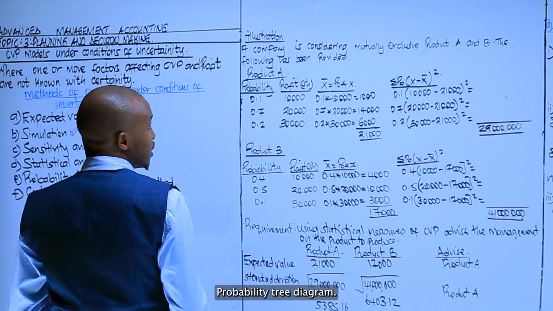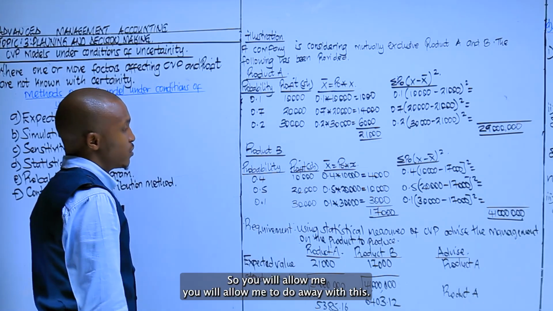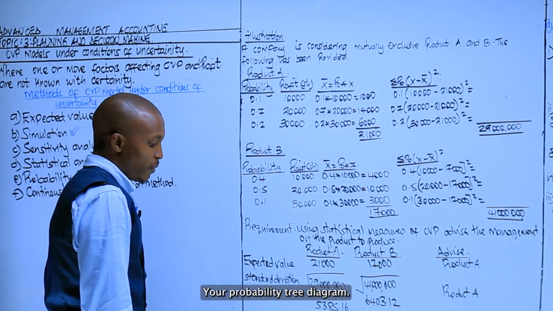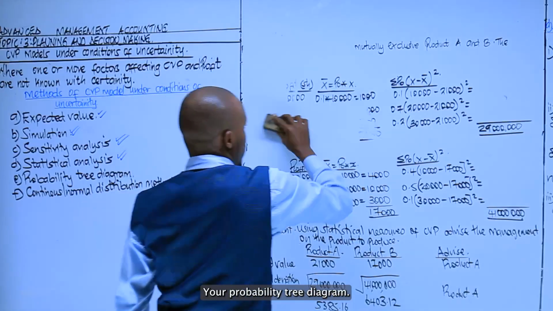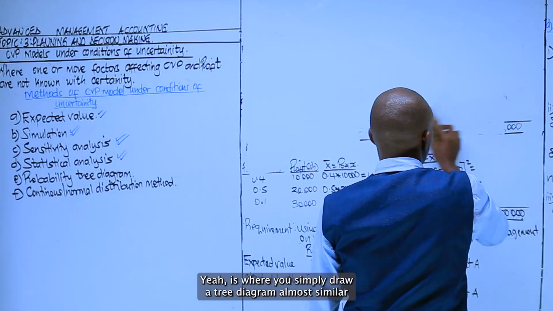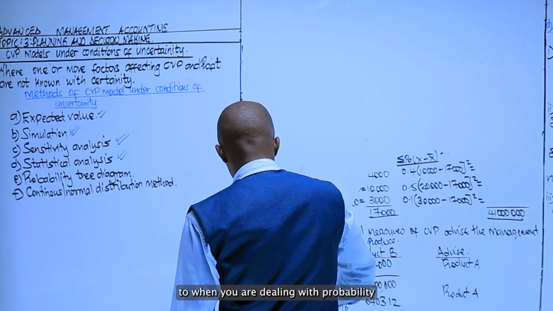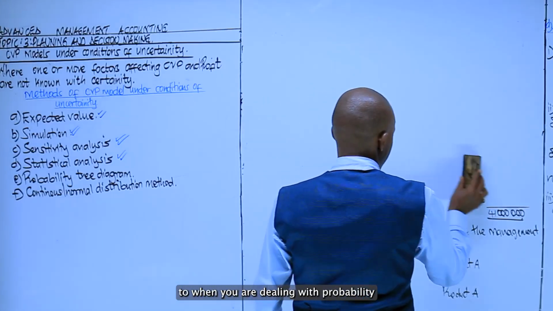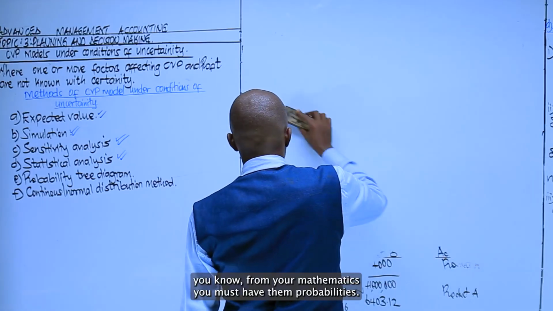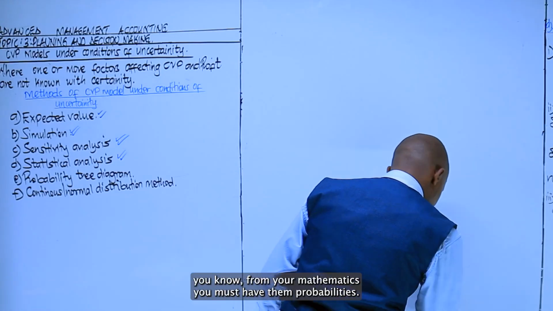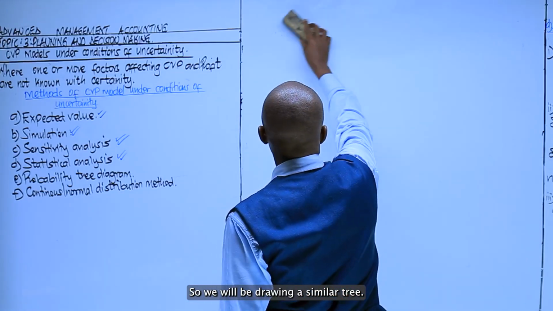This is where you simply draw a tree diagram, almost similar to when you're dealing with probability trees from your mathematics. So we'll be drawing a similar tree.